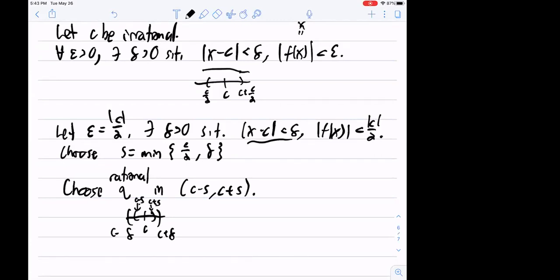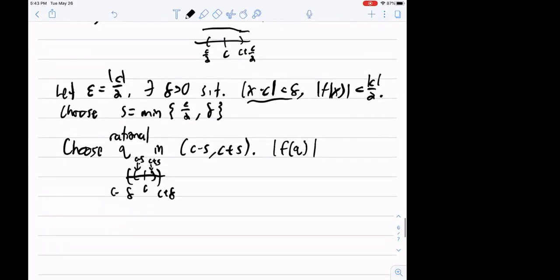Now, why did I do this? Well, because what's f of q here? What can you tell me about f of q? How big is it?